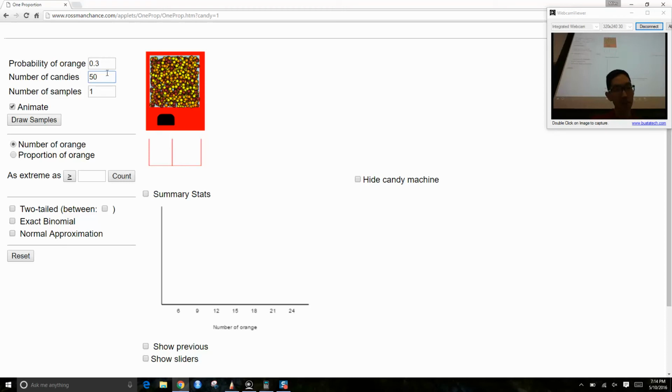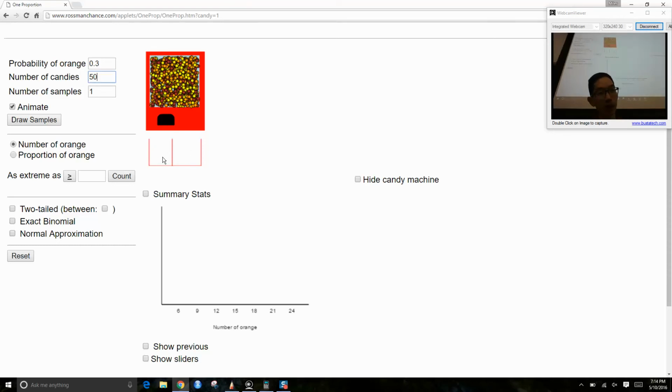This is a computer simulation where it's going to basically mix up all of these pieces of candy, and they're going to come out of the machine, and it will sort them between orange versus yellow and brown.